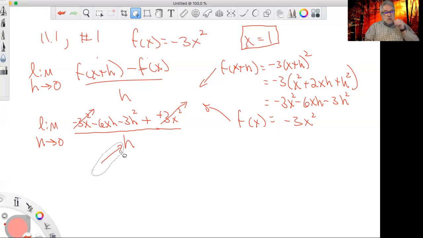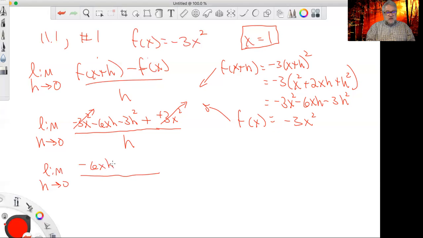Okay, so now we should be set up so we can cancel the h's out. And so if I look here, let me rewrite what I have. I have a minus 6xh minus 3h squared over h. Well, I can factor an h out of each term here.